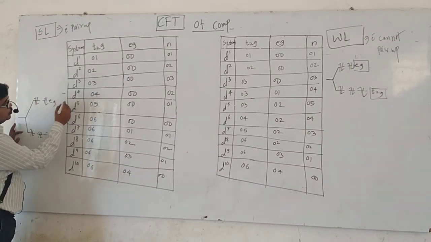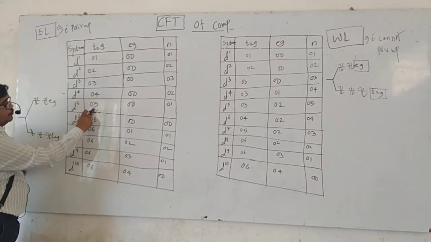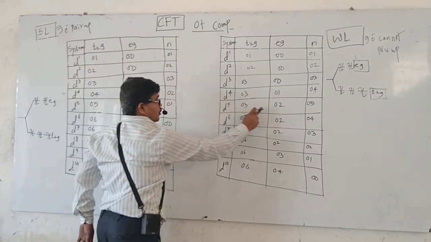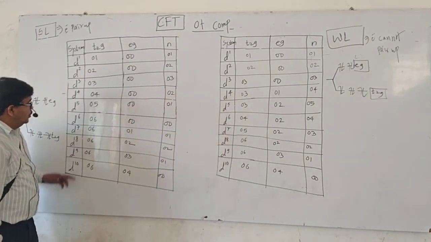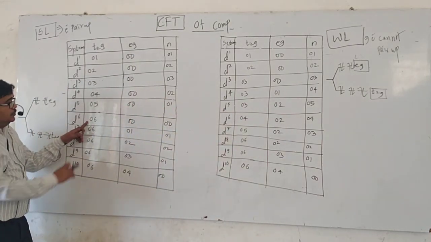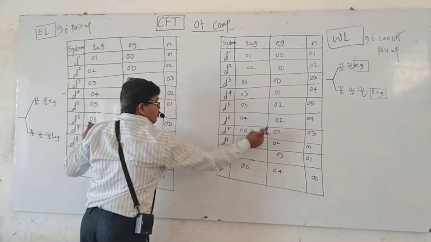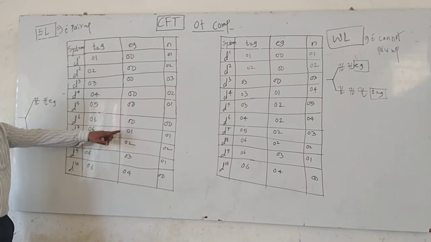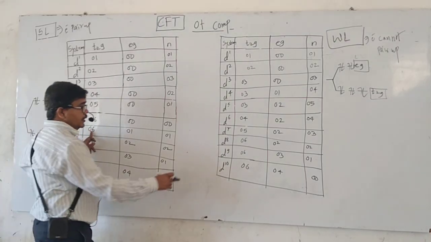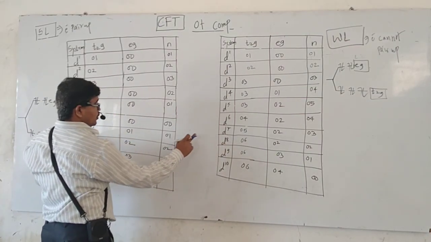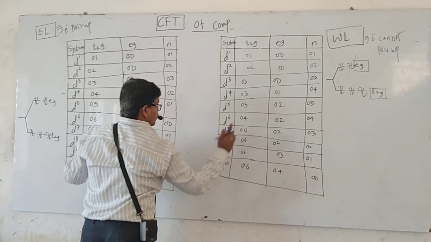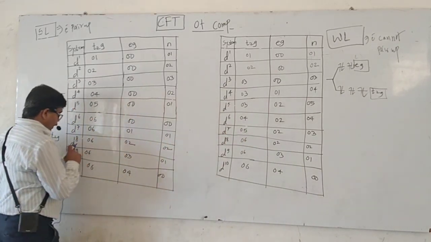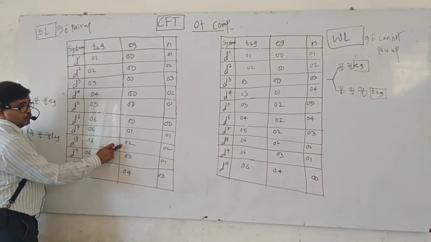For d5 also, it is different. 5, 0 and 3, 2. For d6, 6, 0 and 4, 2. Different. For d7, 6, 1, and here it is 5, 2. For d8, 6, 2.